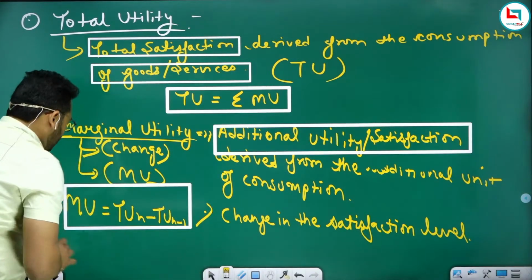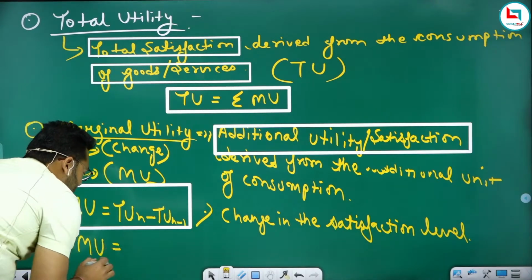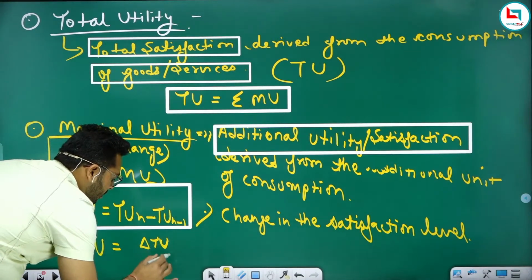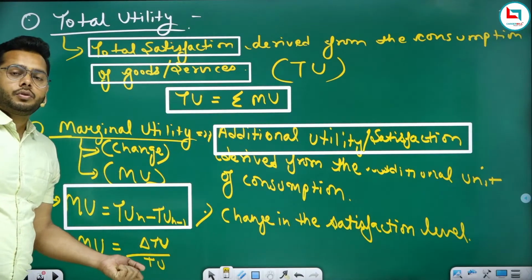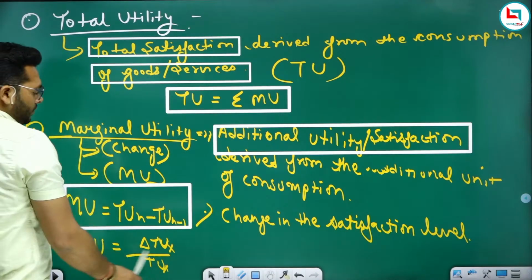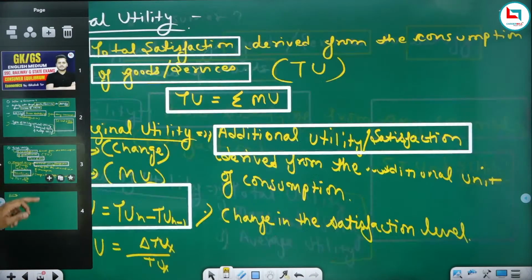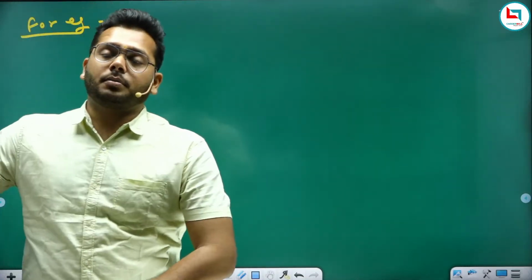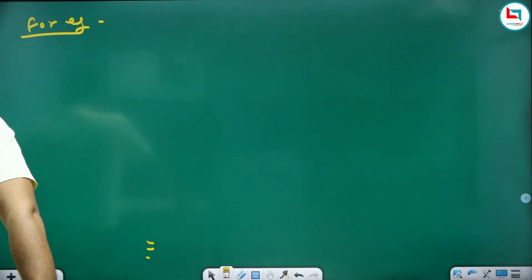The second formula: MU means change in TU upon change in the quantity of good X. So this is the marginal utility. Hope you understand the exact meaning of TU and MU. You got it? Just let me confirm if you are comfortable.